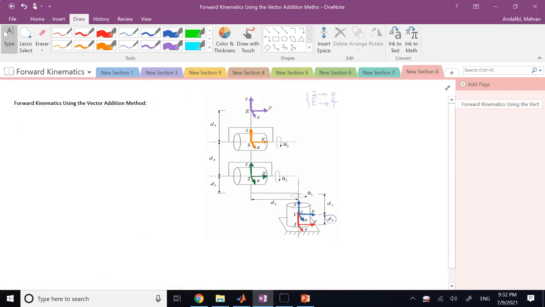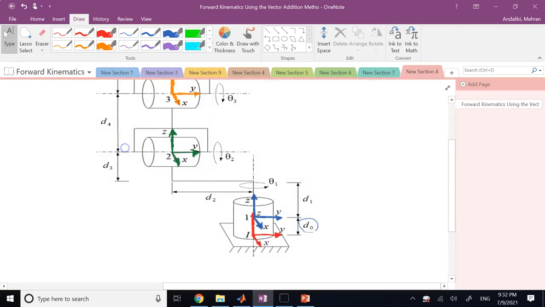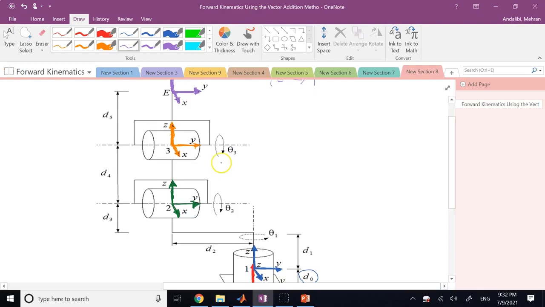Now, as you can see, clearly the rules of DH are not observed here. For example, if you look at this X number 2 and Z number 1, you see they are skew, and they don't intersect each other. Or here, again, if you look at this X and this Z, they intersect, they are perpendicular, that's good.